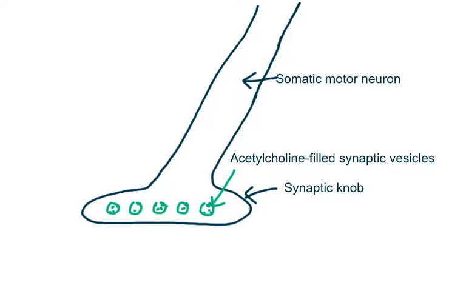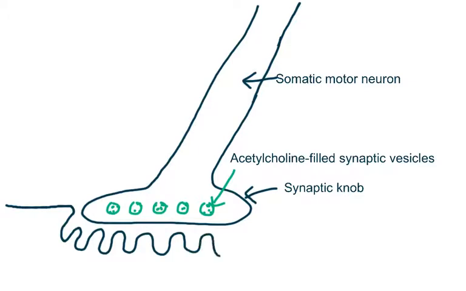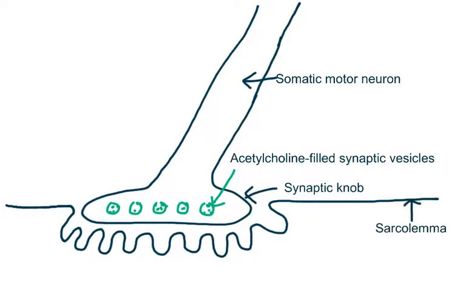What I'm going to draw now is the sarcolemma, which you'll remember is the plasma membrane of skeletal muscle. Now I'm drawing the junctional folds of the motor end plate. So I've labeled the sarcolemma over here on the right just to indicate the plasma membrane of skeletal muscle.